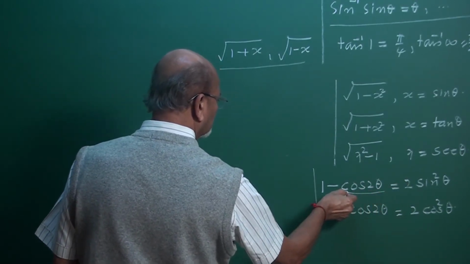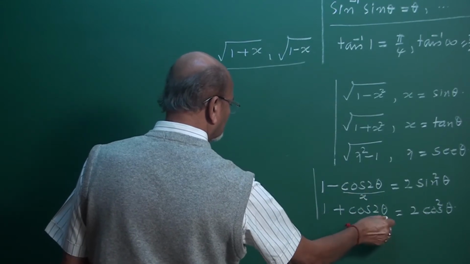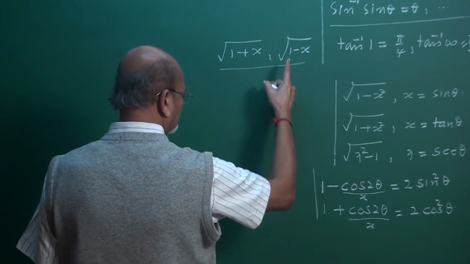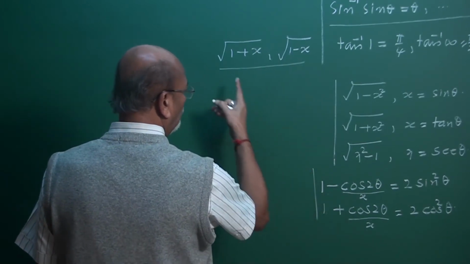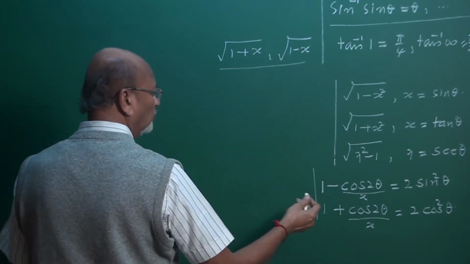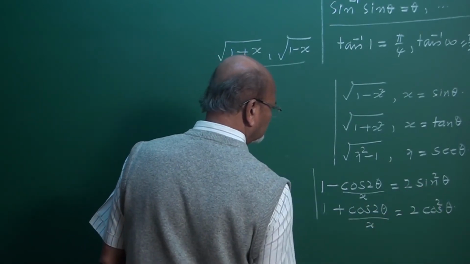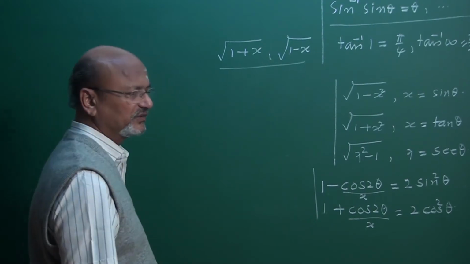Then, my friends, what is this? It is x. Then what is this? It is 1 minus x. What is this? It is 1 plus x. If it is a square root, it becomes what? Square root of these things. Square root of sin square is sin. Square root of cos square is cos.